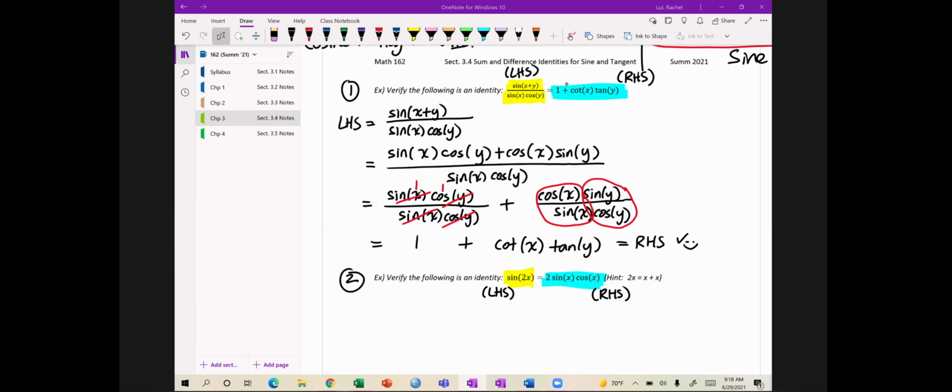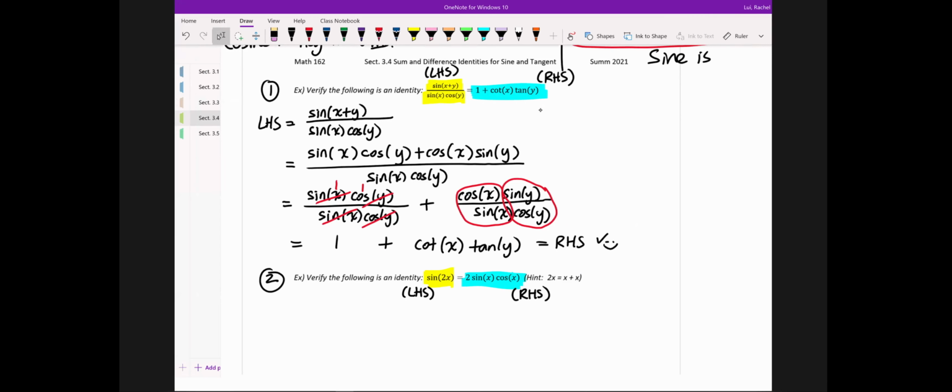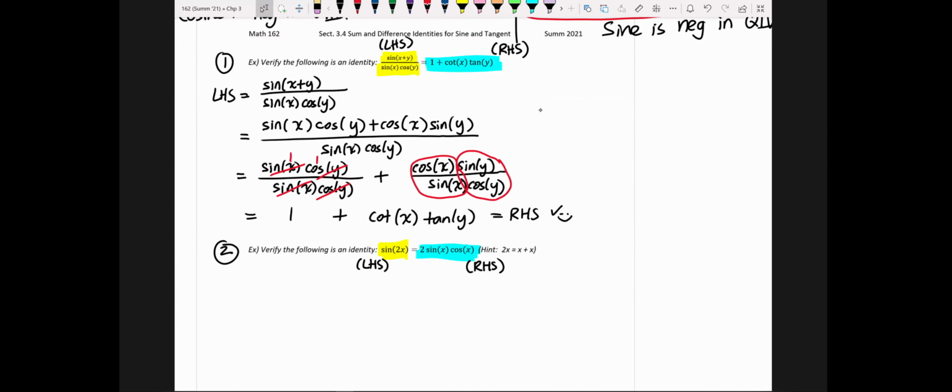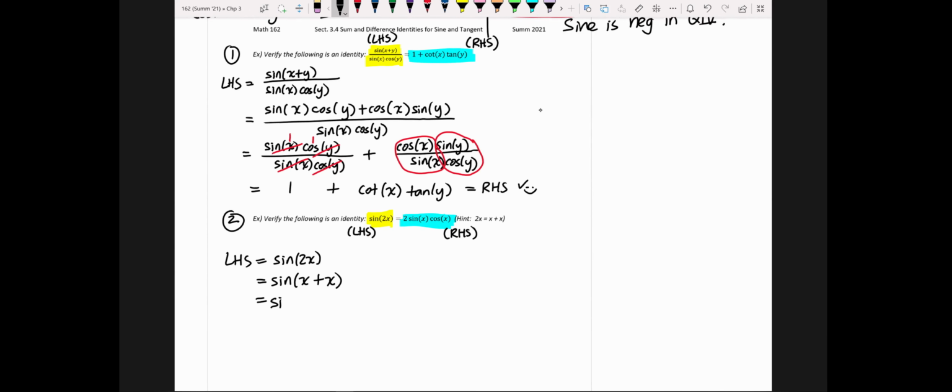For number 2, which side did you start on and how did you show one side is equivalent to the other? So I started with the left-hand side, and I used the sum and difference properties of sine to rewrite sine 2x into sine of x plus x, which was then rewritten as sine of x, cosine of x, plus cosine x sine x. That's right.